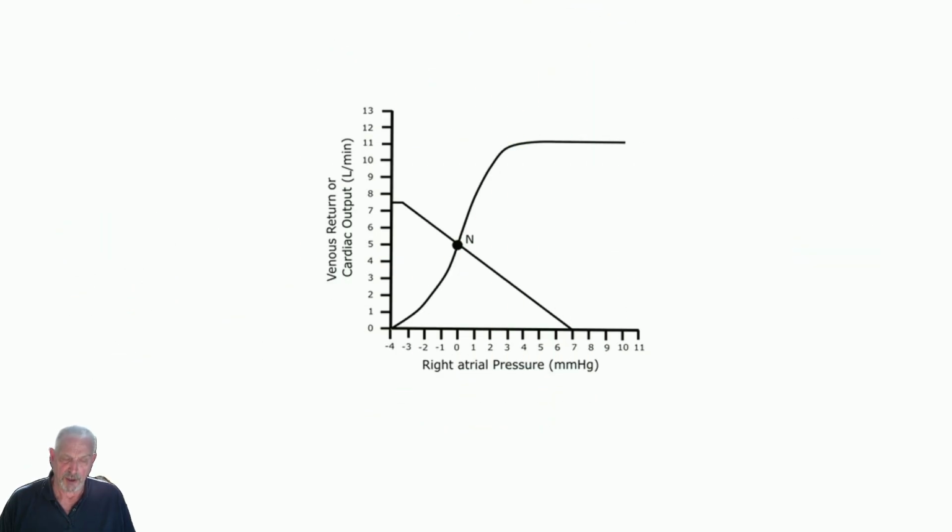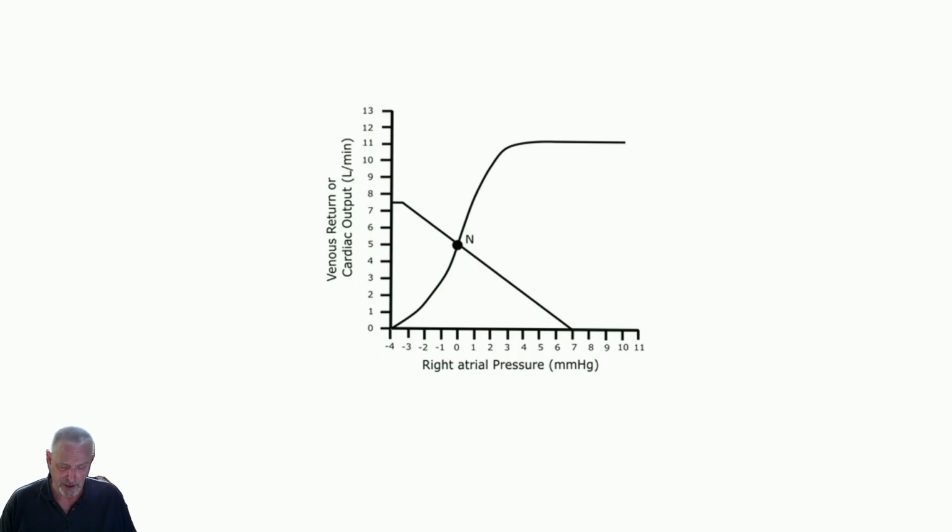So let's take a look at the standard normal cardiac output and venous return curve. And what we note is that the x-axis is right atrial pressure, measured in millimeters of mercury, and the y-axis is cardiac output, which has units of flow, liters per minute.